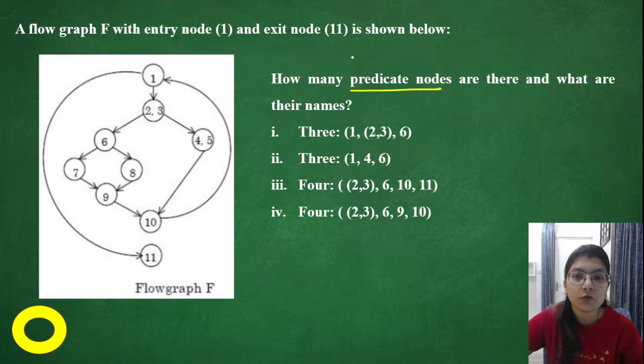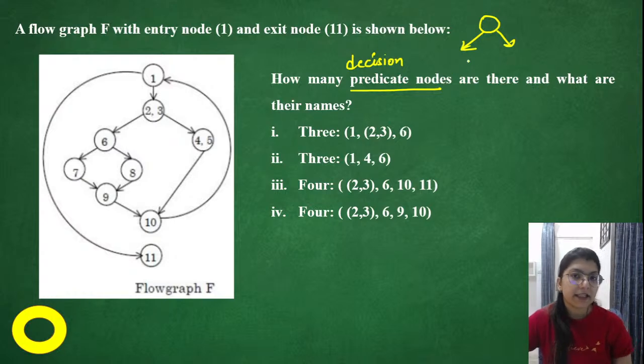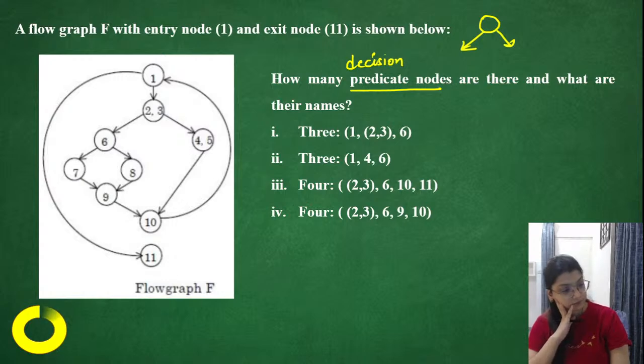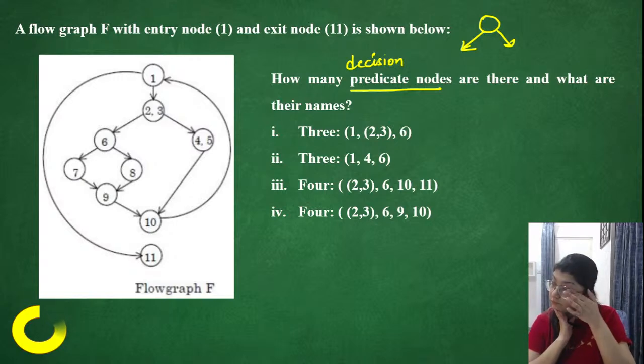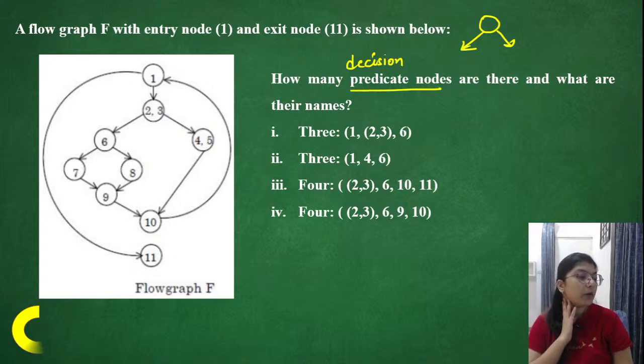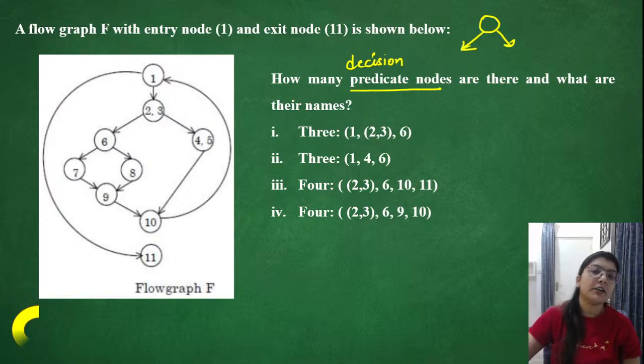Predicate nodes are the decision nodes, the ones from which you make decisions, usually with 2 outgoing edges. Any node having 2 or more outgoing edges is known as a predicate node or decision node. You have to tell how many decision nodes there are and what their names are.